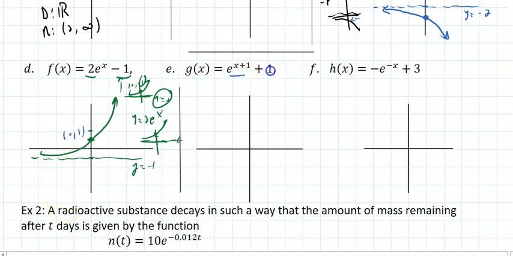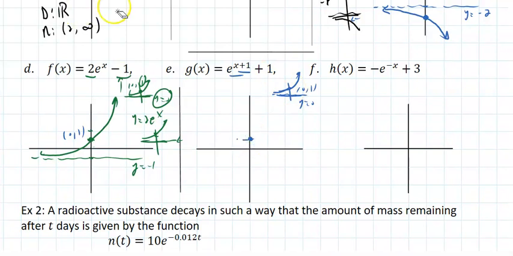How about this? Well, e to the x looks like this. y equals 0 and the point (0, 1). This is going to shift the graph 1 unit to the left. You know what? This one I'm not going to rescale. I'm going to make each unit 1. So (0, 1) is going to take this 1 unit to the left, 1 unit up. So if I label it that way, again, I don't have to put anything.